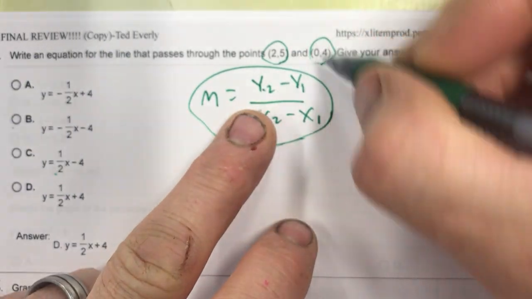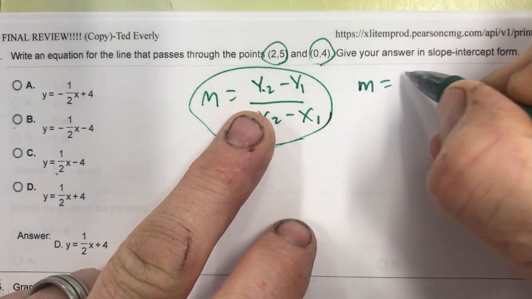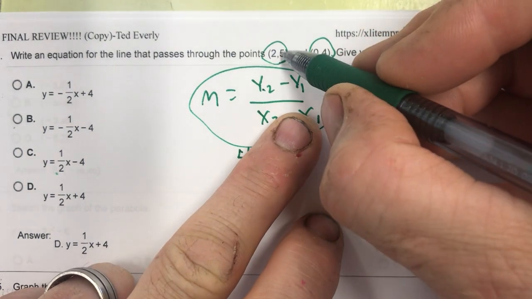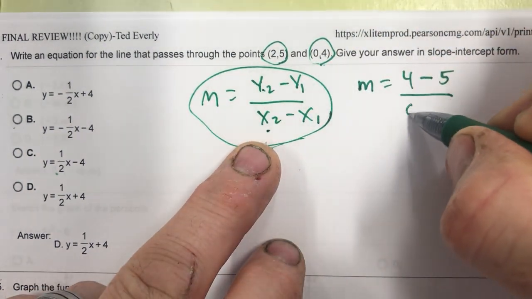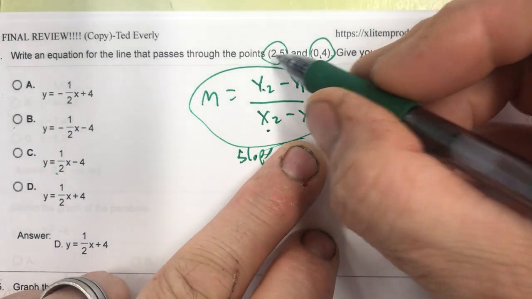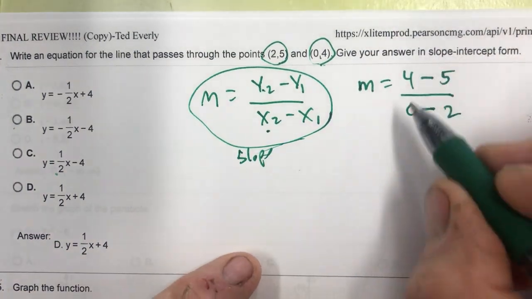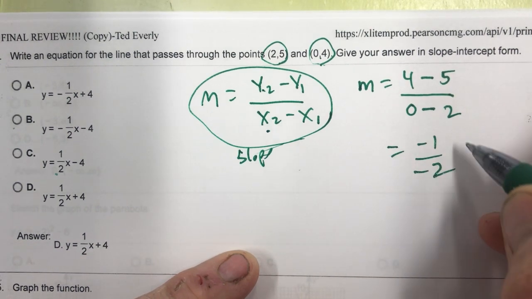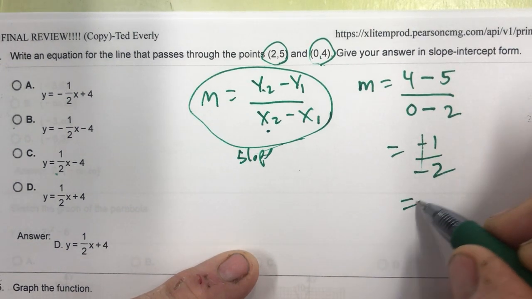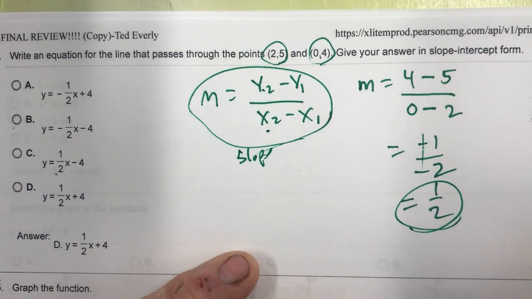The y in point 2 looks like 4, minus the y in point 1, which is 5. On the bottom, the x in point 2 is 0, minus the x in point 1, which is 2. So I've got 4 minus 5, which is -1, over 0 minus 2, which is -2, and the negatives cancel. This is 1/2. So there's my slope right there, 1/2.